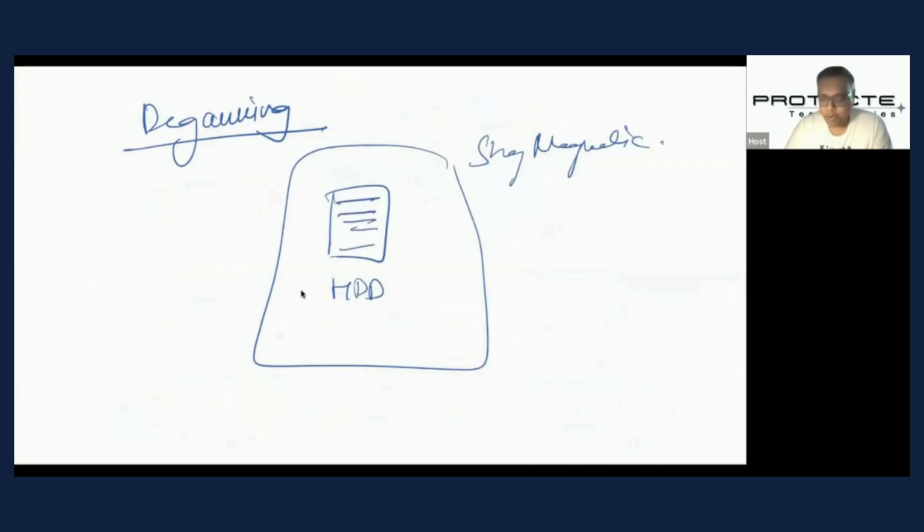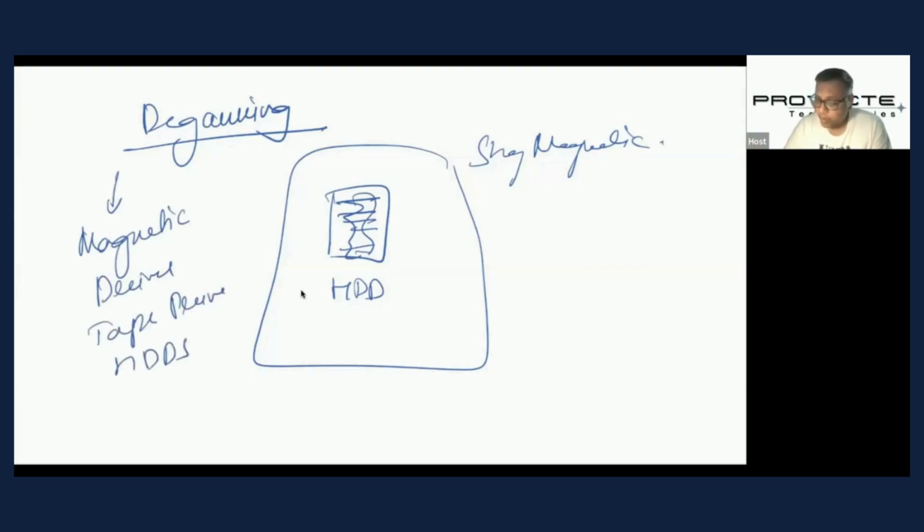You put it in a very strong magnetic field and you corrupt the entire magnetic field inside your hard disk drives. Now, degaussers only work on magnetic drives. That means tape drives and HDDs. It will not work on USB solid state devices. It will not work on SSDs.